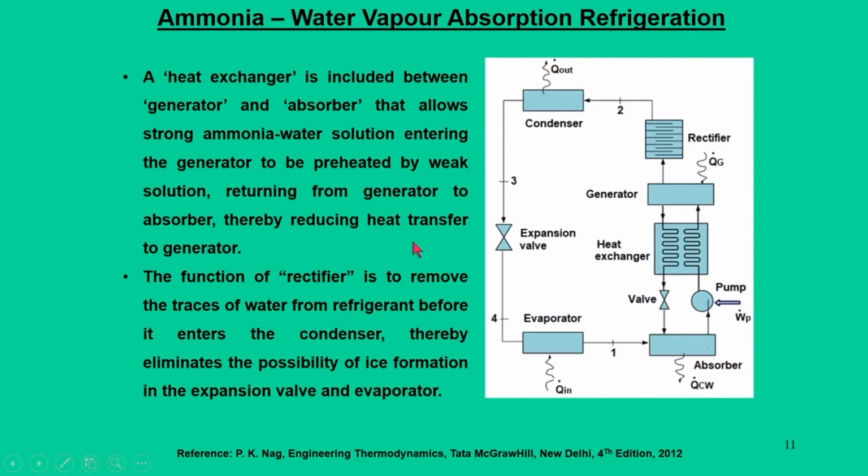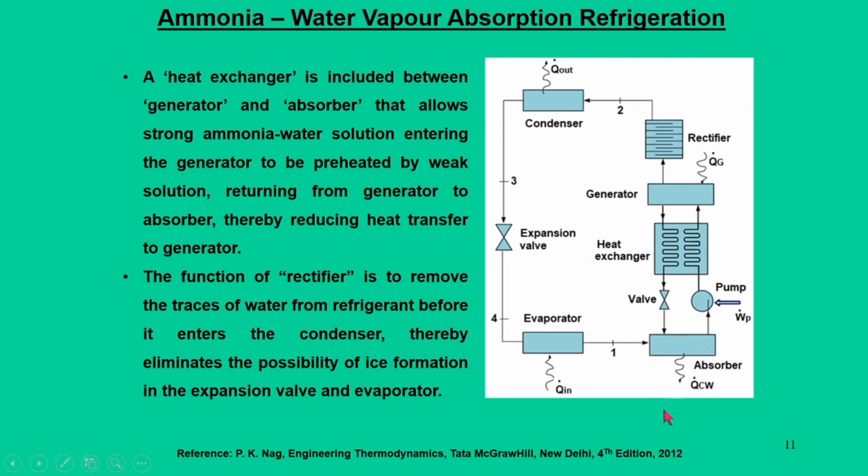The other has both refrigerant and absorbent. And to make this more concise, a common way of looking at ammonia water systems uses other components like a rectifier, and also a heat exchanger placed between the generator and absorber unit. This is used to modify the system, and we call it a modified vapor absorption system.